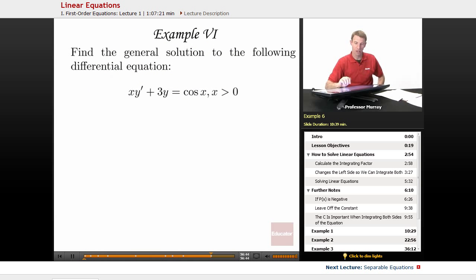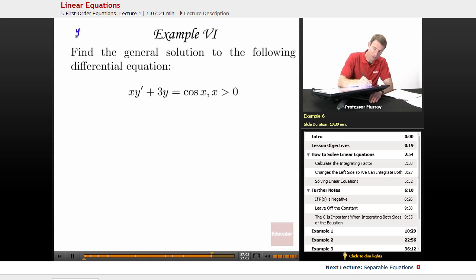So in example 6, we're going to find the general solution to the following differential equation. x y prime plus 3y is equal to cosine x, with x being positive here. So again, that's going to be a linear differential equation, but we need to do some manipulations to get it into the right form.